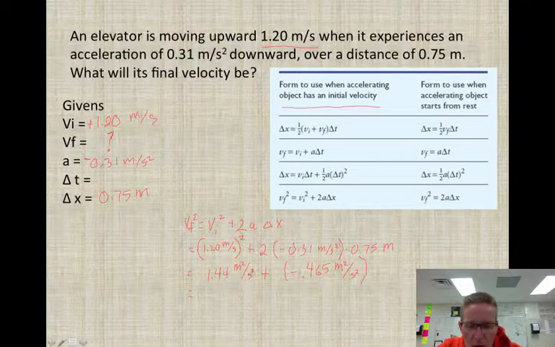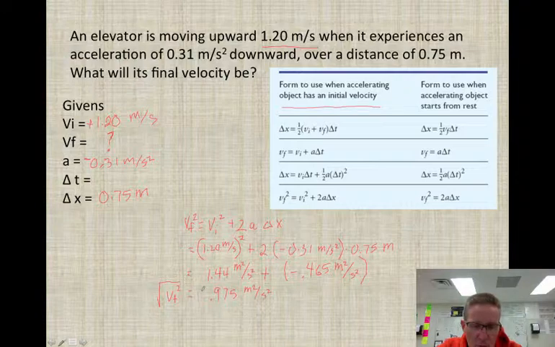And so this is going to turn into 1.44 minus 0.465, and you should get 0.975. And remember, we're still in meters squared per second squared. Now VF squared is on the other side of our equal sign, so I'm going to carry that down. VF squared is over here, so we need to get rid of that squared.